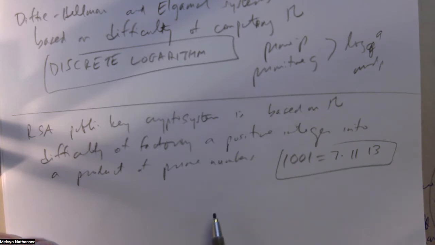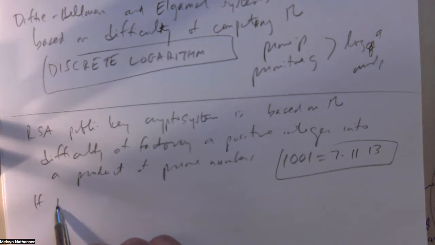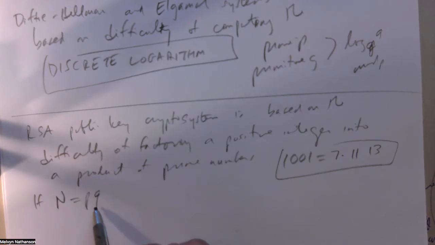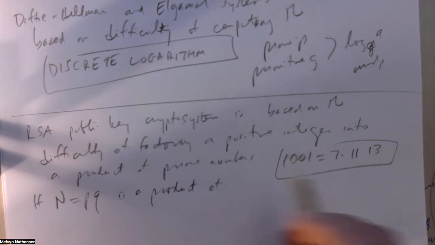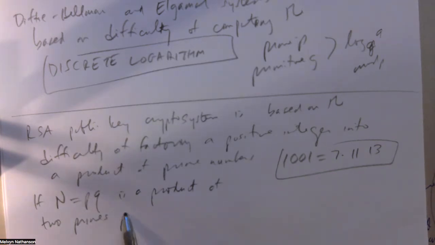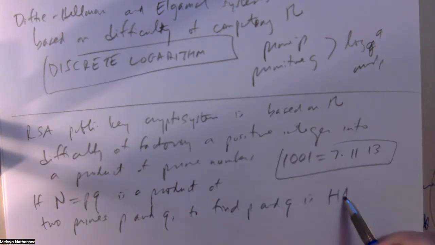But for big numbers, it's hard. And in particular, if n is a number pq, a product of just 2 primes, p and q, to factor n, to find p and q is hard.